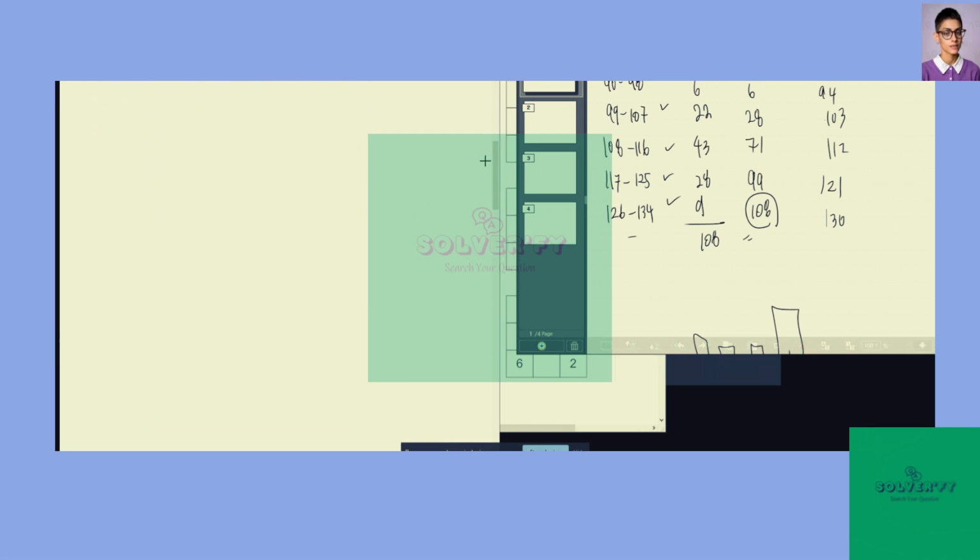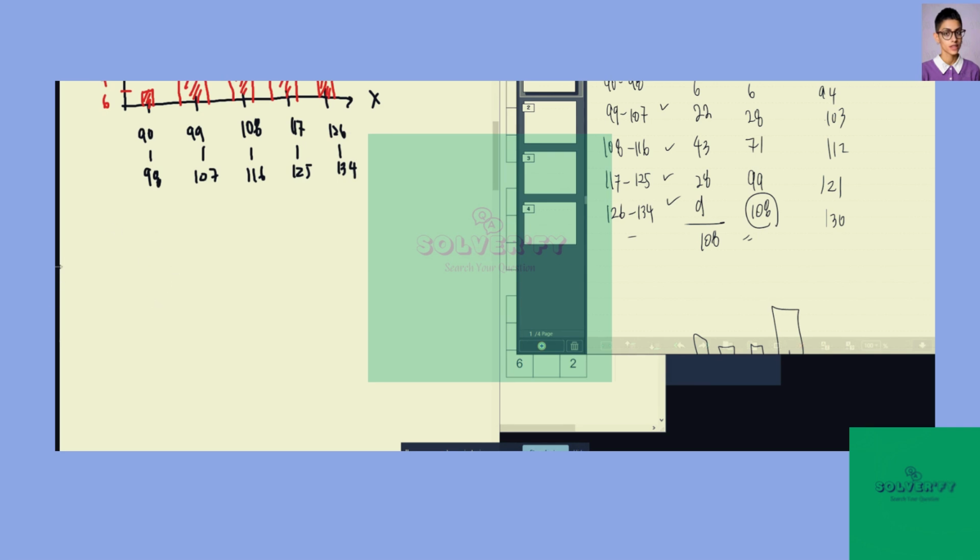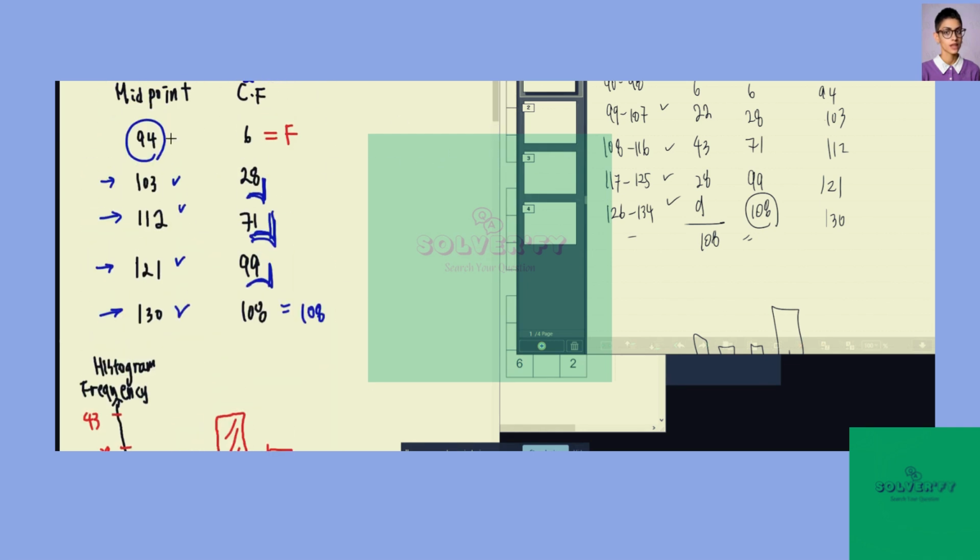Let's do a frequency polygon. It's going to be similar to the histogram. Instead of having blocks, we're going to have dots, and we're going to connect those dots. For the frequency polygon, we're also using the midpoints, something I calculated for you.